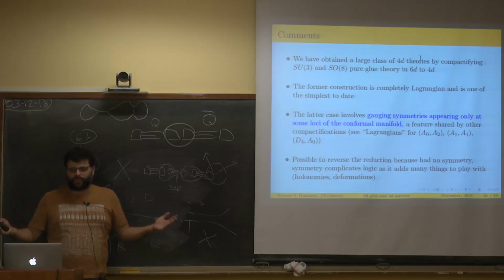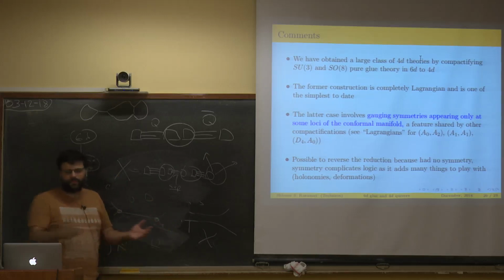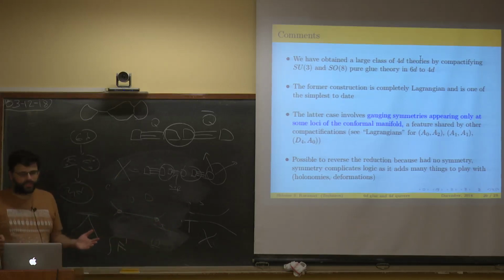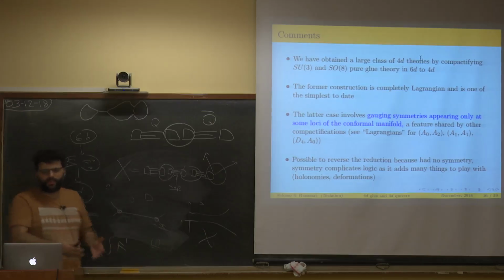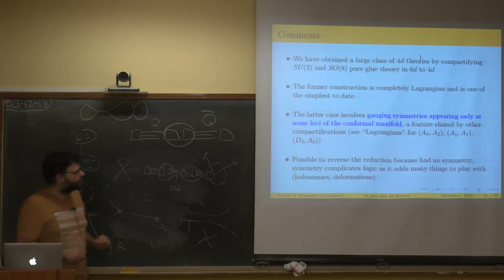We cannot compute correlation functions. We need first to go to this strongly coupled point, then gauge some symmetry, and then we use a lot of computational abilities. We can compute things which do not depend on couplings, such as anomalies and indices and so on. So we can compute things with these descriptions, but not everything. So this is the second point.